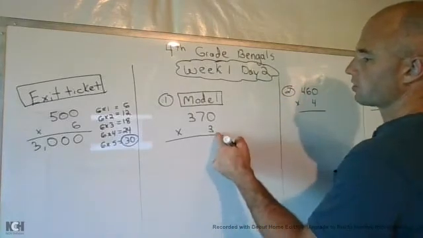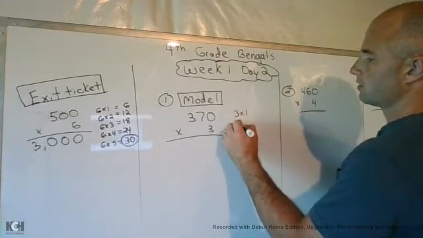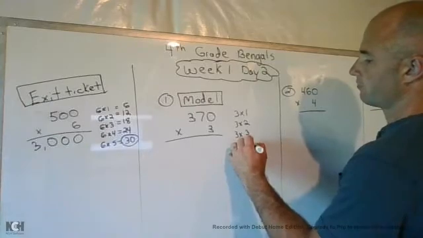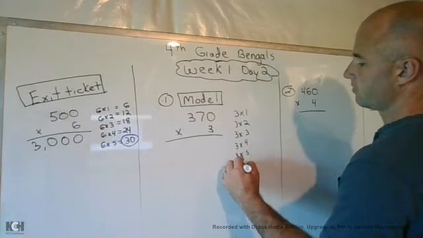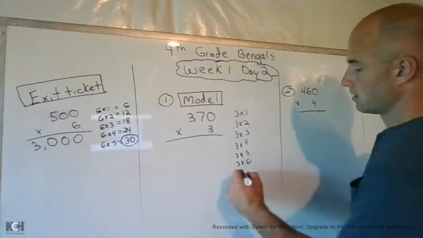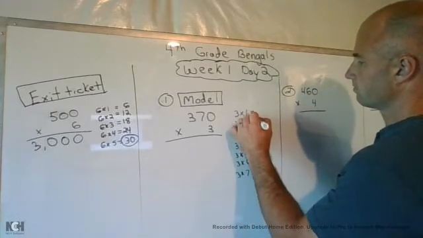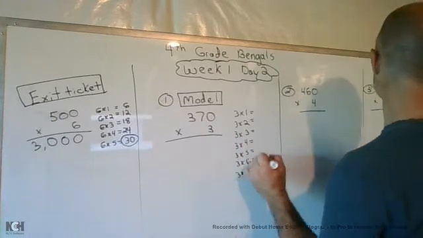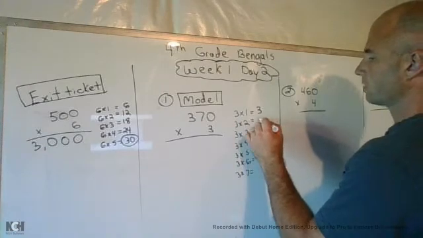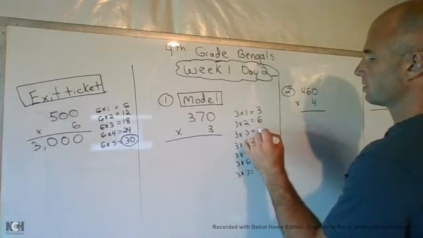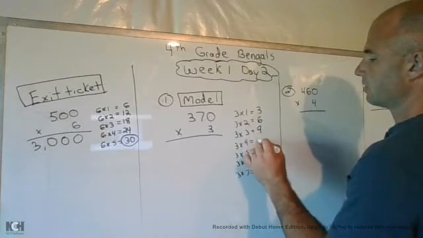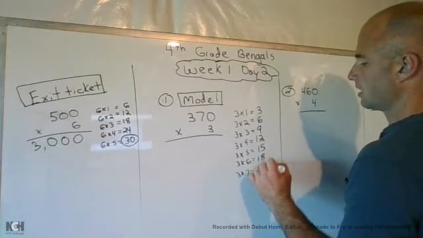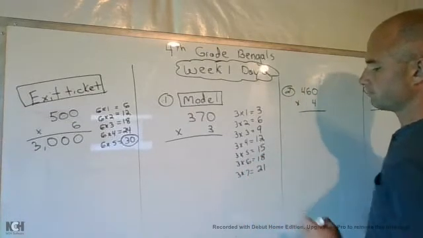So we're going to start off by doing 3 times tables. 3 times 1 equals 3, 3 times 2 equals 6, 3 times 3 equals 9, 3 times 4 is 12, 3 times 5 is 15, 3 times 6 is 18, 3 times 7 equals 21.